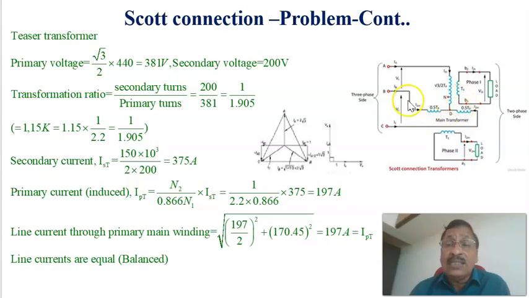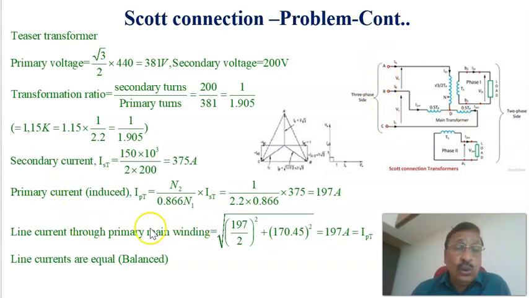Of course, to calculate these line currents, half of this line current is vectorially added with the main transformer current we already calculated. The half of this teaser current, that is 0.58 of that, is added with this one, and this is the line current through these two phases, Y and B.